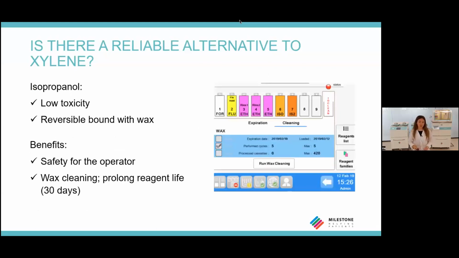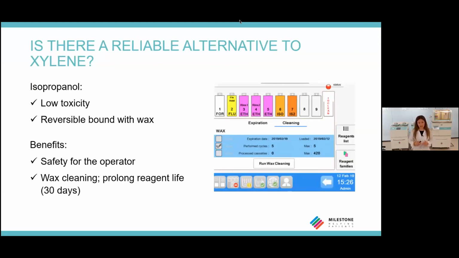What we suggest to use as a reliable alternative is isopropanol. It has a lower toxicity and therefore is safer for the technician. This is the important point, that this is safe. And it has another big advantage: it creates reversible bonds with wax.